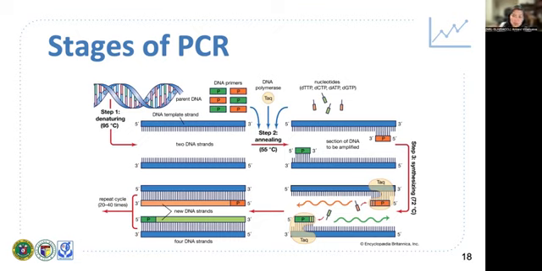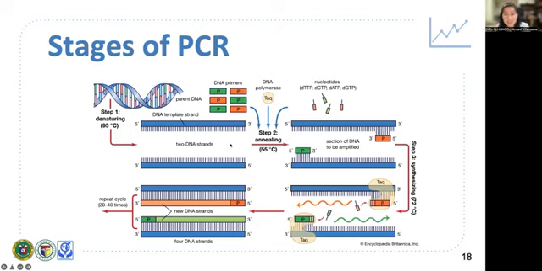So first is your denaturation. What happens in your denaturation is that your double-stranded DNA are heated. Usually it's very high heat, as high as 95 degrees Celsius, to allow for your double-stranded DNA to actually separate from each other. So itong heating na to, it destroys the bonds between your double-stranded DNA para maghiwalay sila.